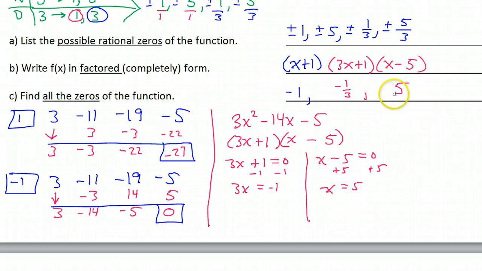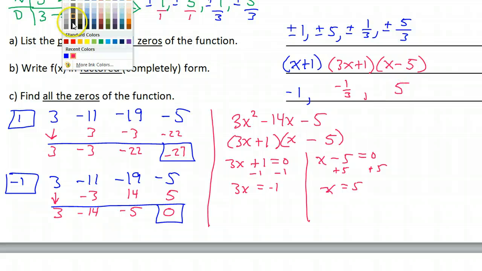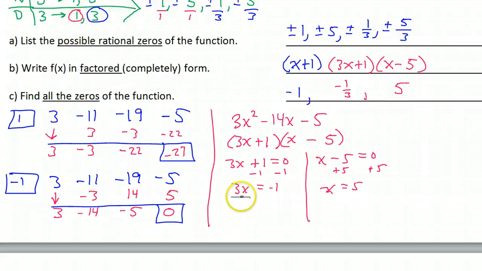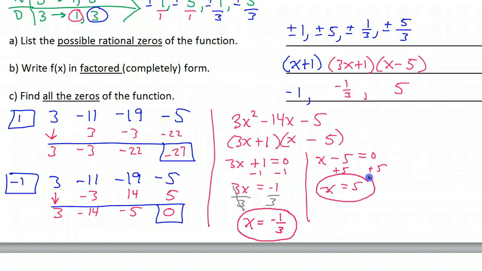Down here, I simply divide both sides by 3. So that's where I'm getting x equals -1/3 from.